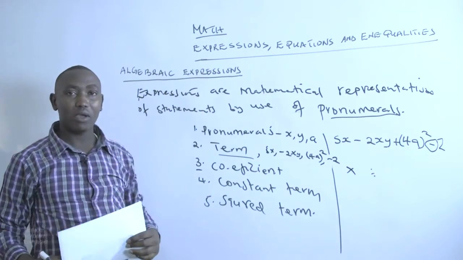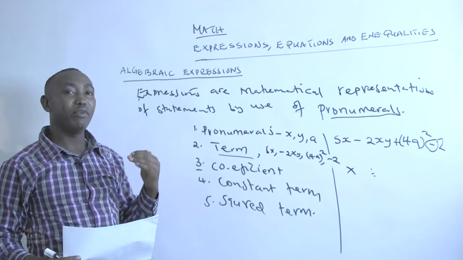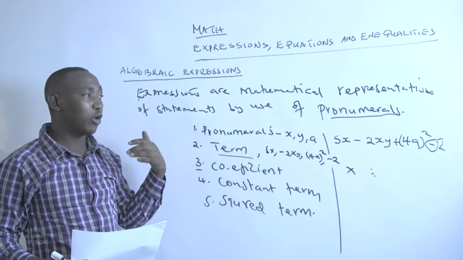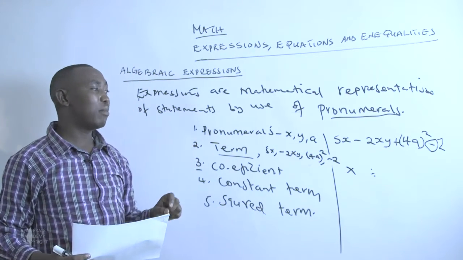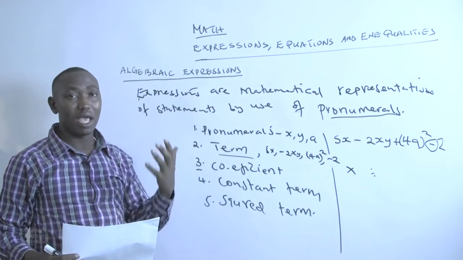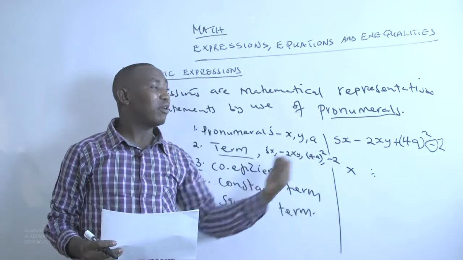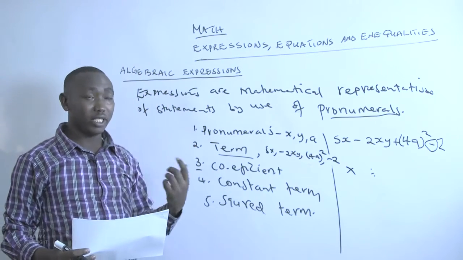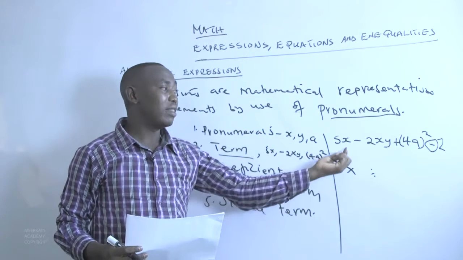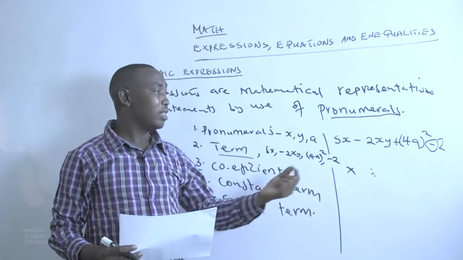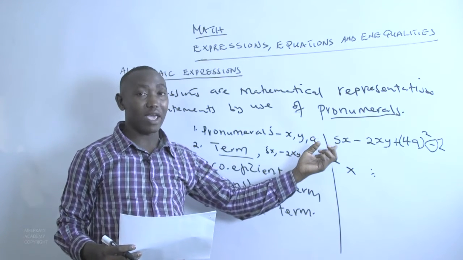Third, coefficient. Coefficient simply means what comes before a particular pronumeral. And if you consider all these terms, each one of them has what you call a coefficient, a number that comes before it. In the first term, 5x, it has a coefficient, that is a number before that particular pronumeral. And the number in this case is 5. Therefore, you can say that the coefficient of 5x is 5.